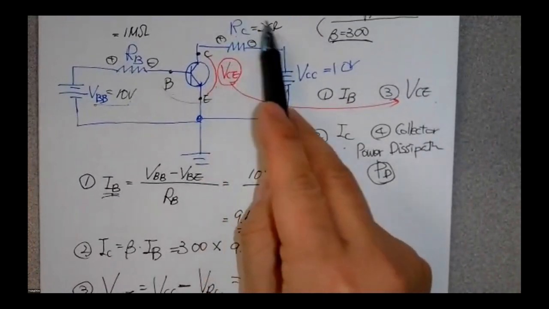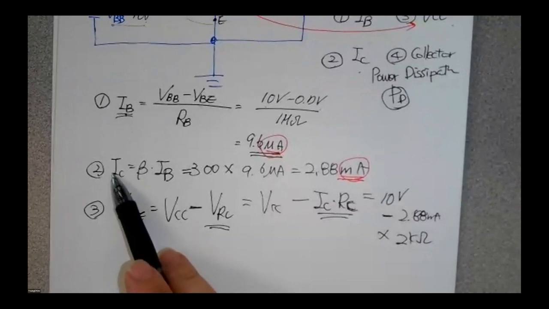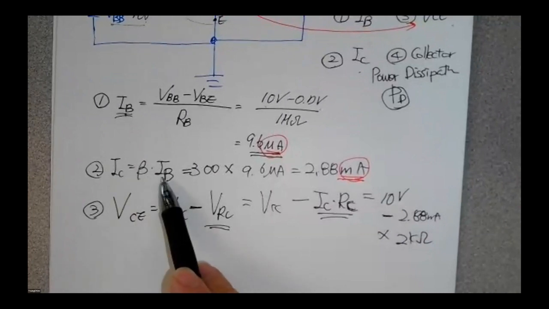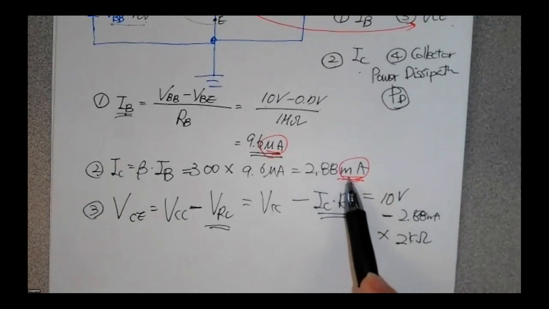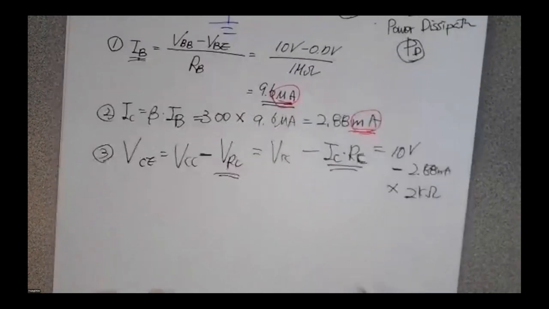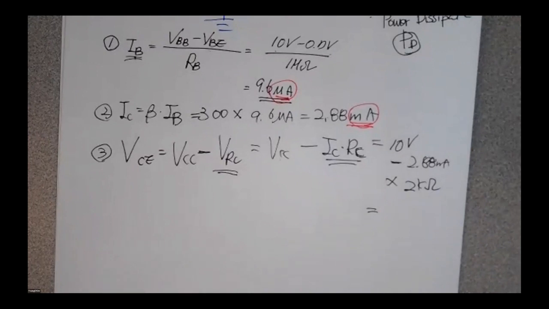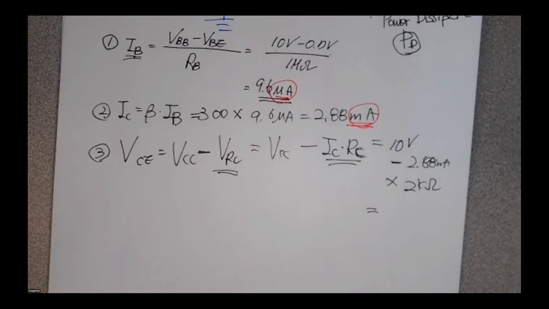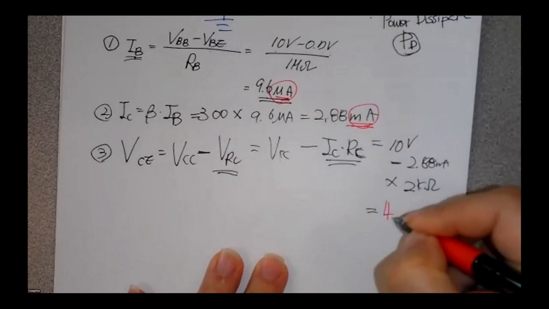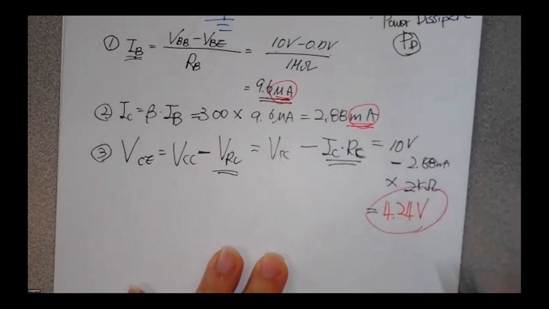Why? Because the R sub C is like this one, and with I sub C, we have calculated beta times I sub B, 2.88 milliamp. Okay. So 10 minus 2.88 times 2, 4.24 volt here.